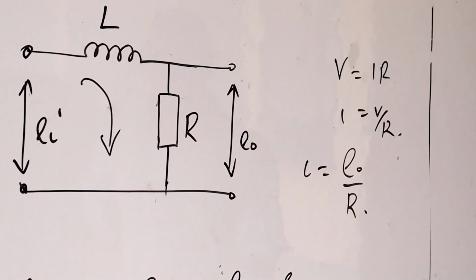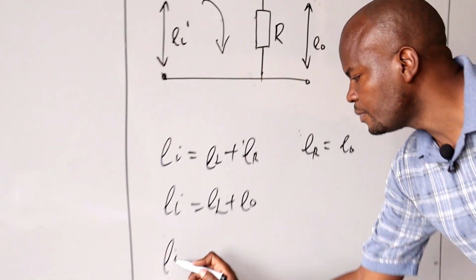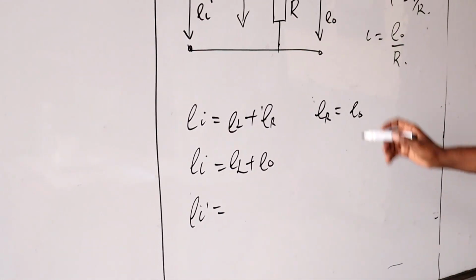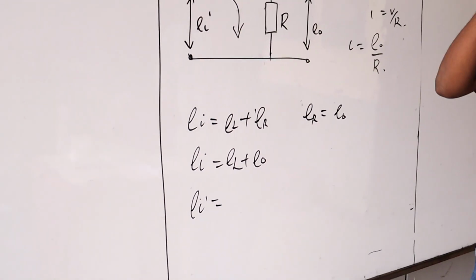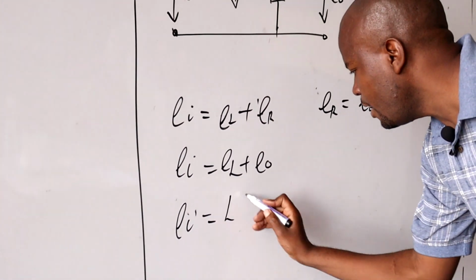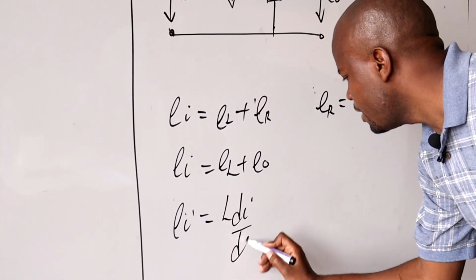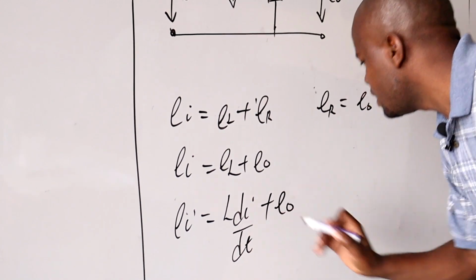So when we come back to our equation, EI is going to be, we know the voltage drop at the inductor is always given by L di all over dt, and then plus E out.